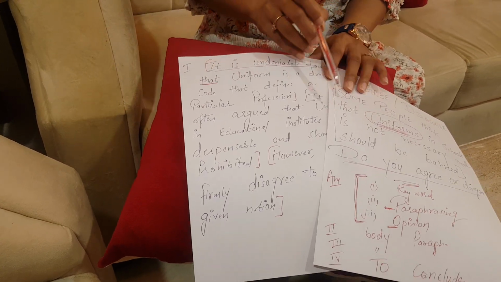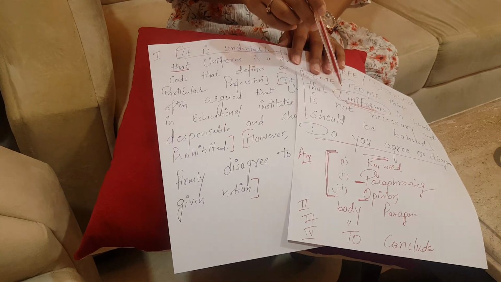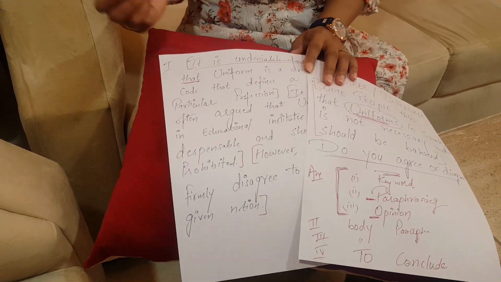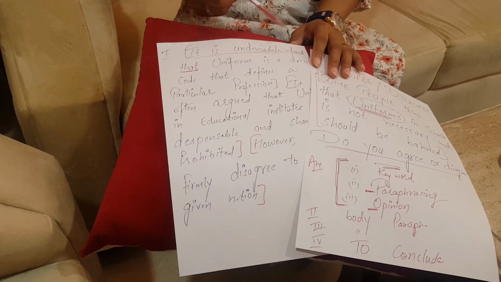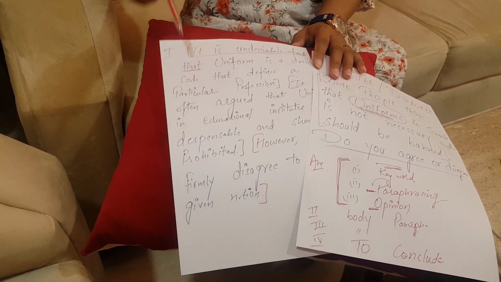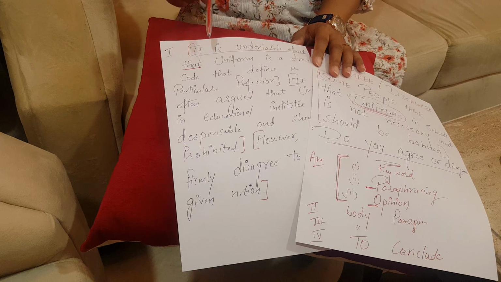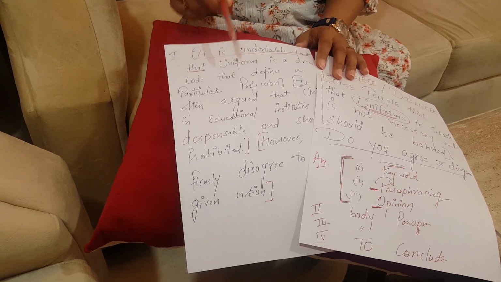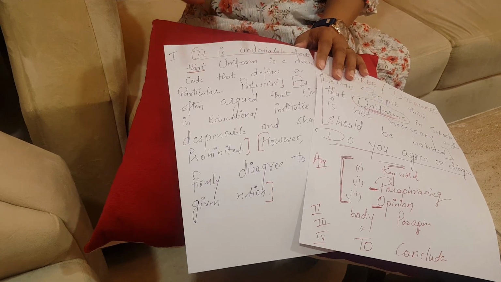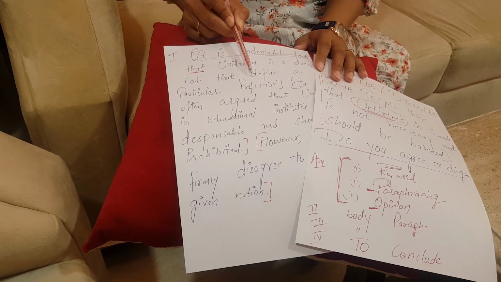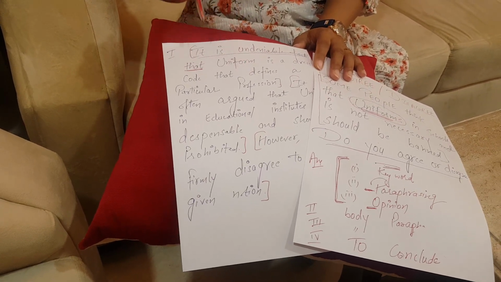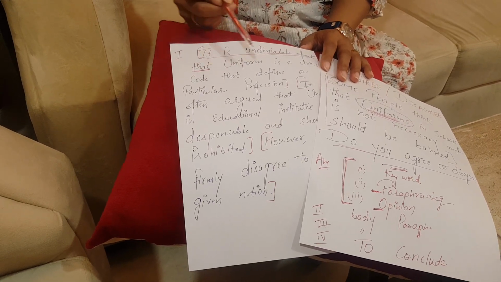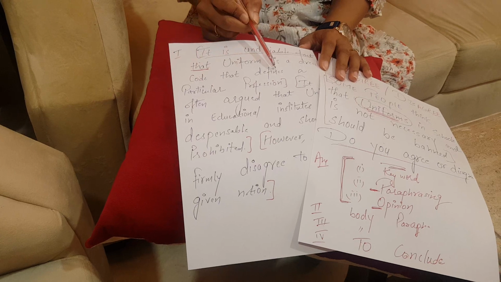Now, keyword is uniform. We need to define what is uniform by using it is an undeniable fact that. It is an undeniable fact that uniform is a dress code that defines a particular profession. Uniform is a dress code that defines a particular profession.